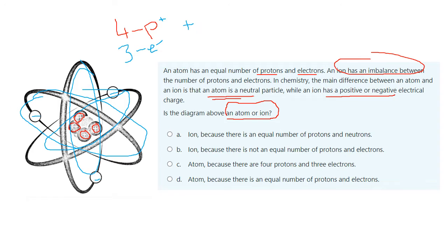So this would have a charge of +1. Therefore, this must be an ion because there is not an equal number of protons and electrons.